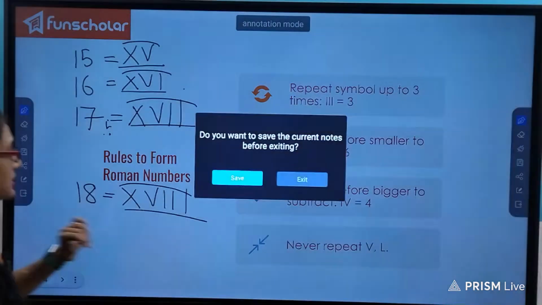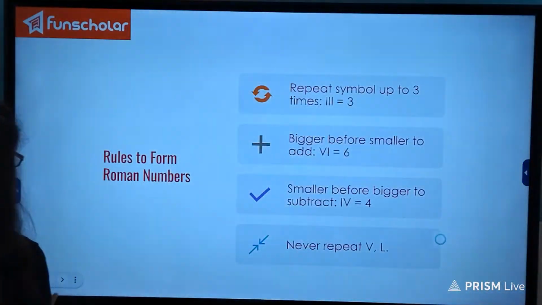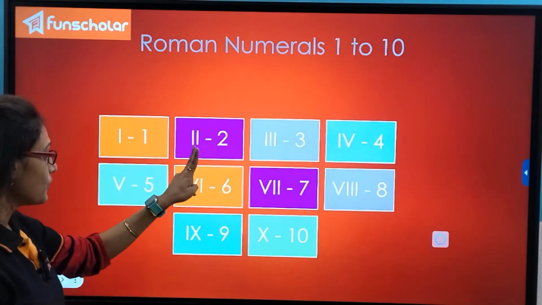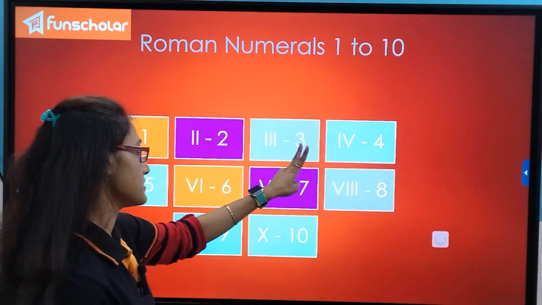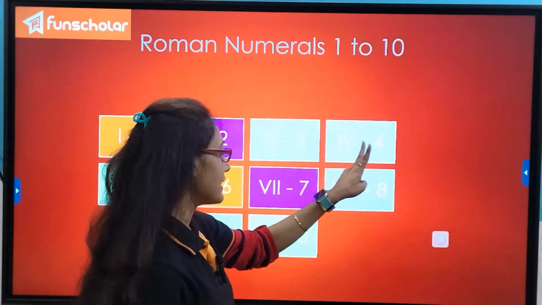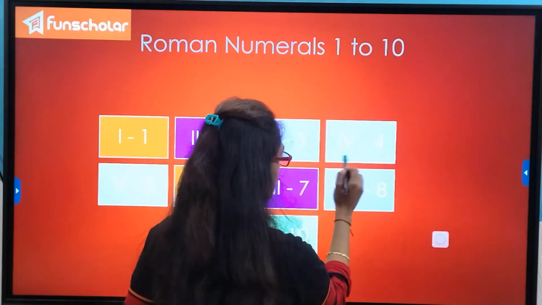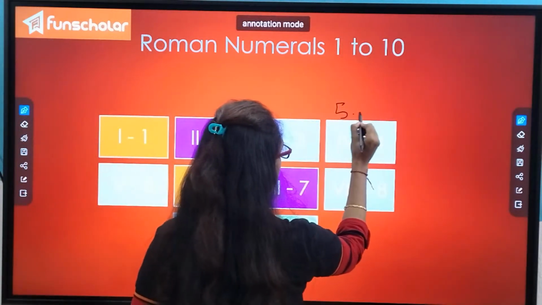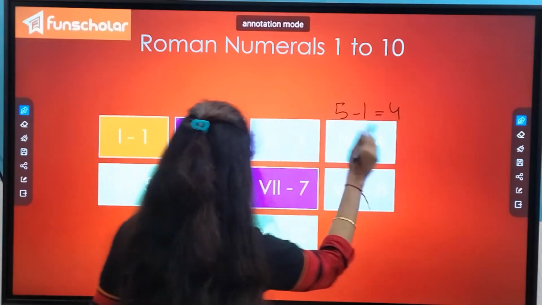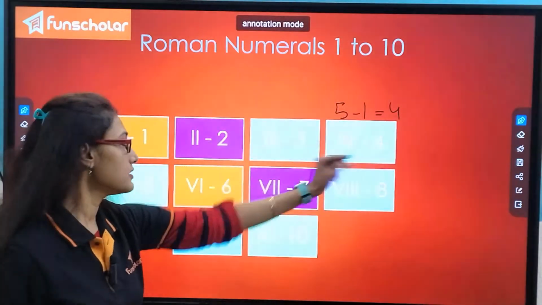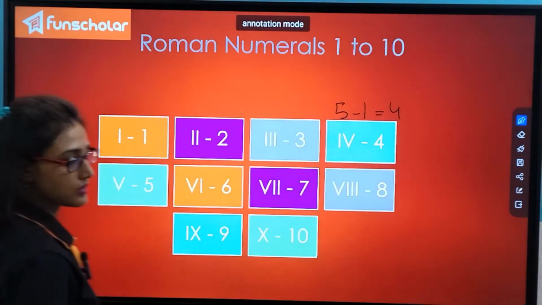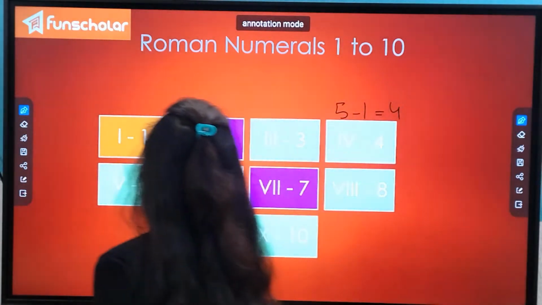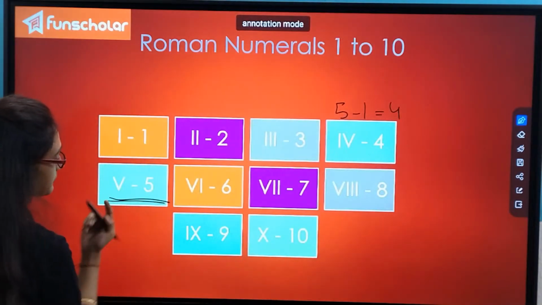Now the question comes, how will you write 19? Just see. I represents 1, II represents 2, III represents 3. IV means 5 minus 1. It means 5 minus 1 equals to 4. The rule of subtraction. Now rule of addition. 5 is represented by V only.